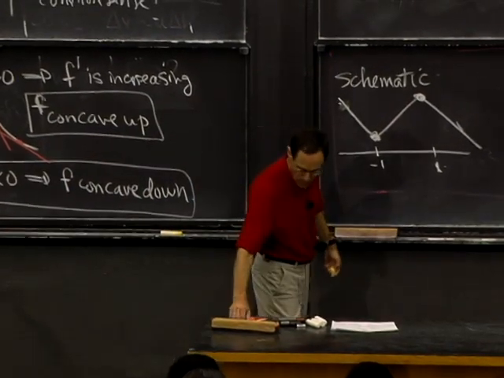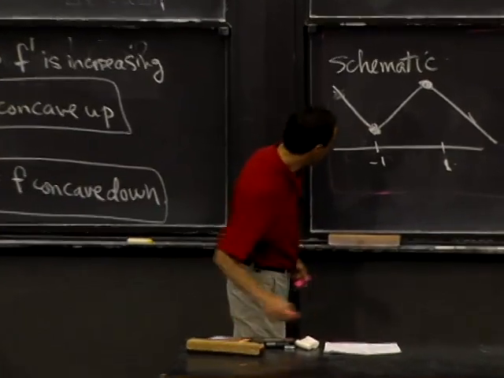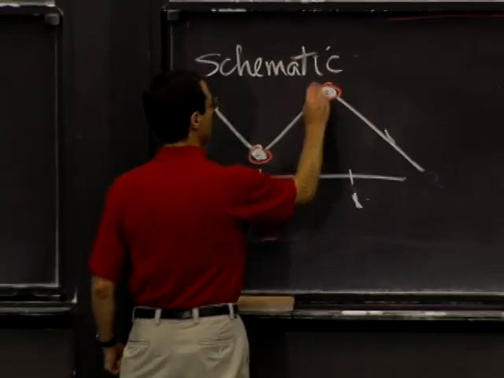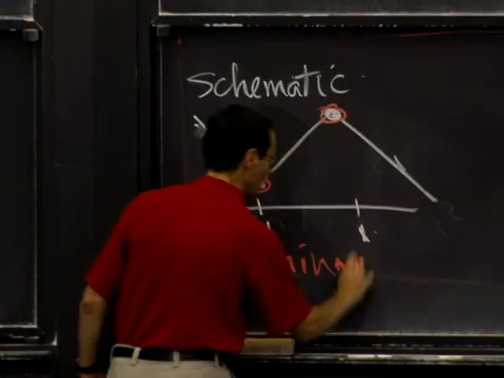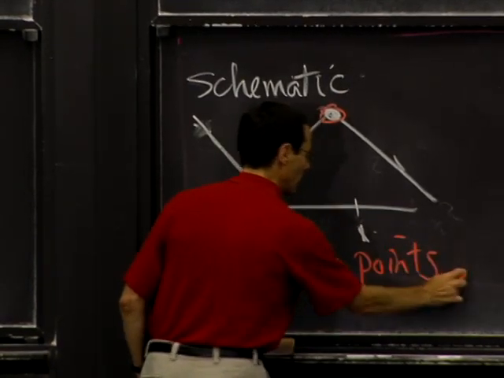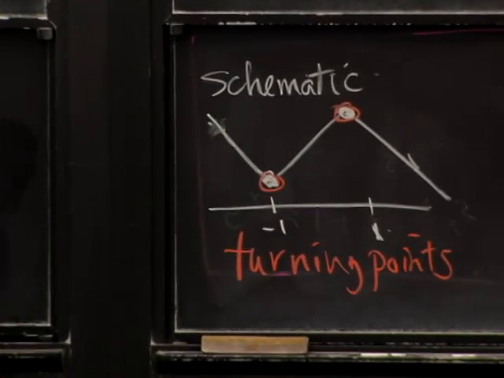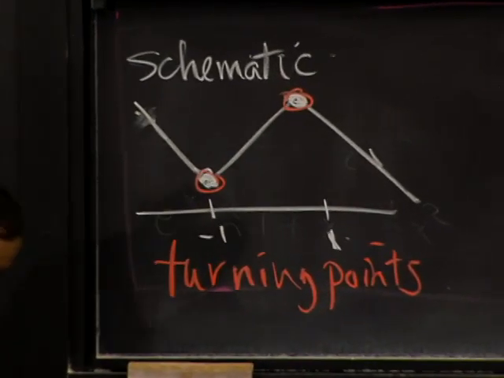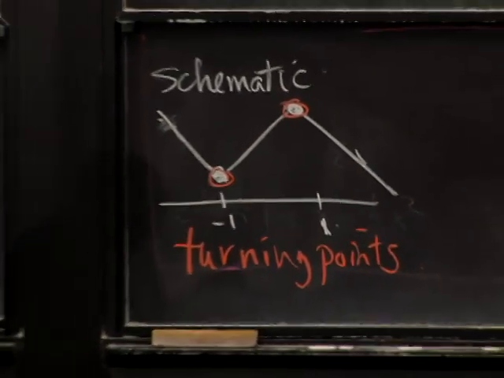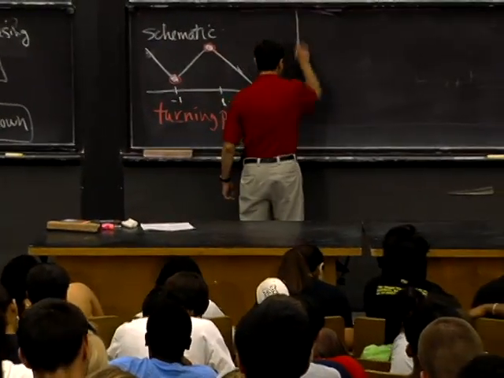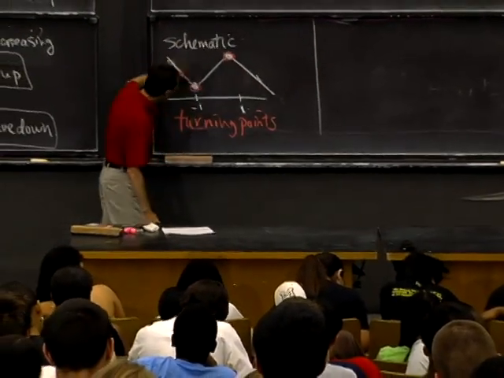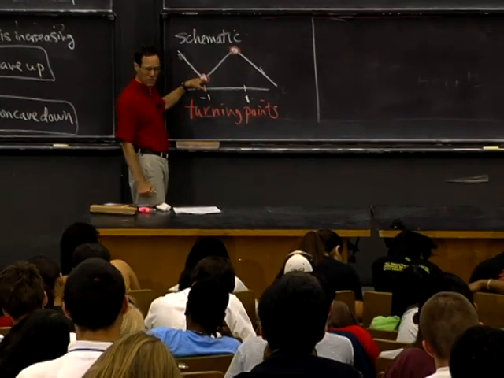All right? Maybe I'll even mark them like this. And these things are turning points. Okay? Now, what are they? Well, they're just the points where the derivative changes sign, where it's negative here and it's positive there, so there it must be 0.